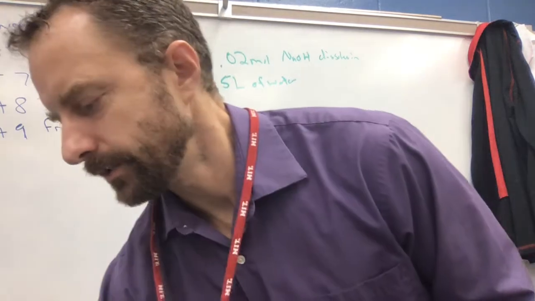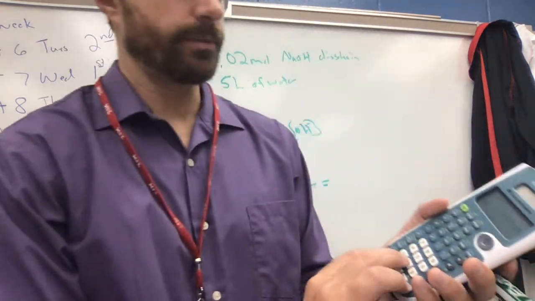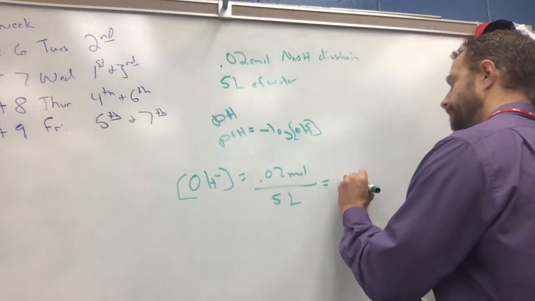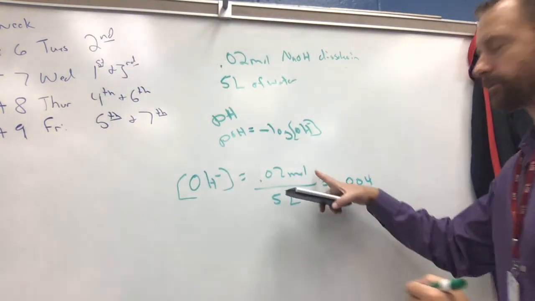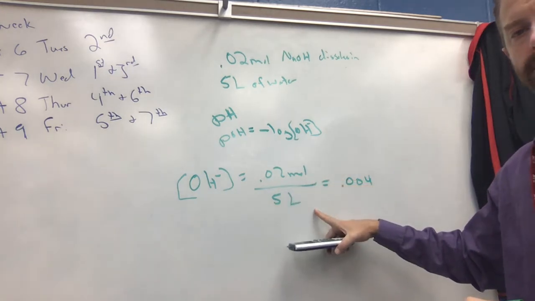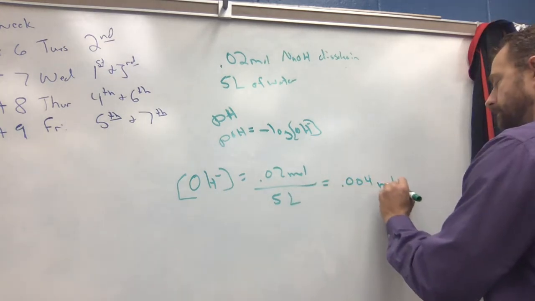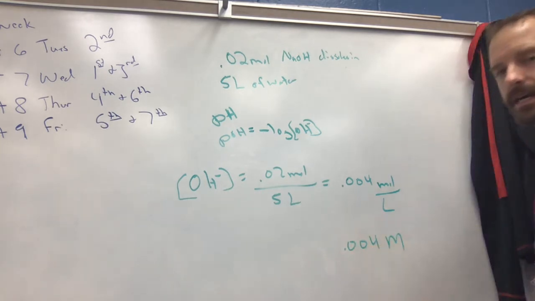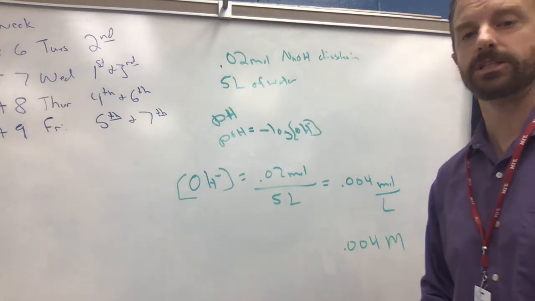You can use a calculator even, right? 0.02 divided by 5 gives me 0.004, right? So don't have to make this tough. 0.004. I could either write moles per liter like this, or I could write 0.004 and then a big M for molar. Either of those would be just fine.